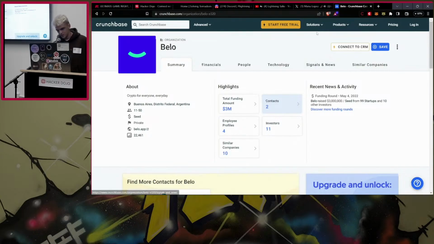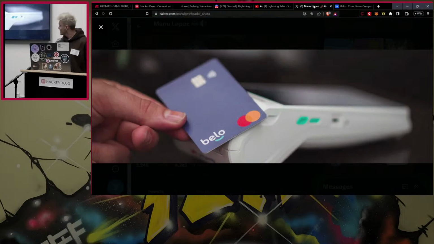Questions? Let me put up the wallpaper for the questions. Hello. What was the hardest challenge that you faced while creating this company? The biggest challenge? The regulation. In Argentina, the regulation changes every day. Someday, the president of the central bank wakes up and says, okay, the regulation is this now, and you need to change all your legal things to comply with that.